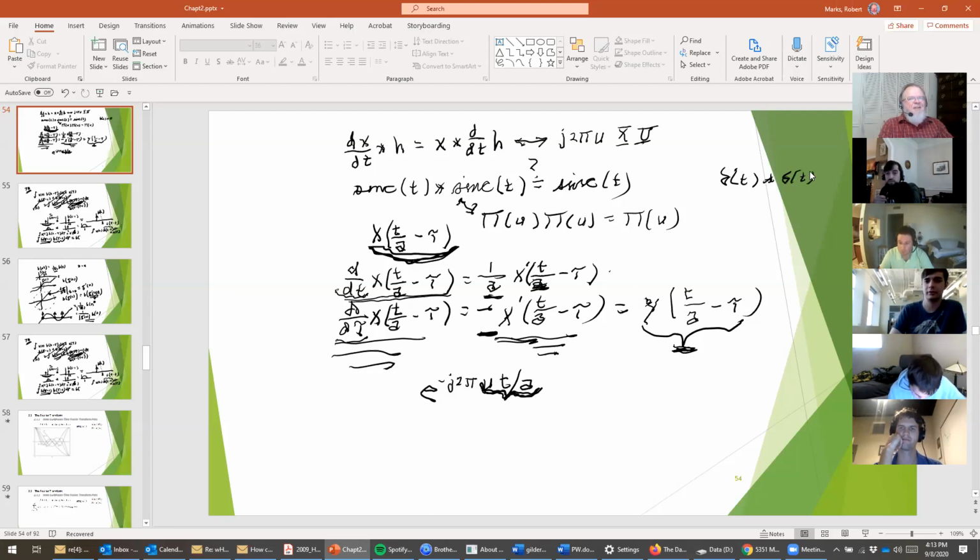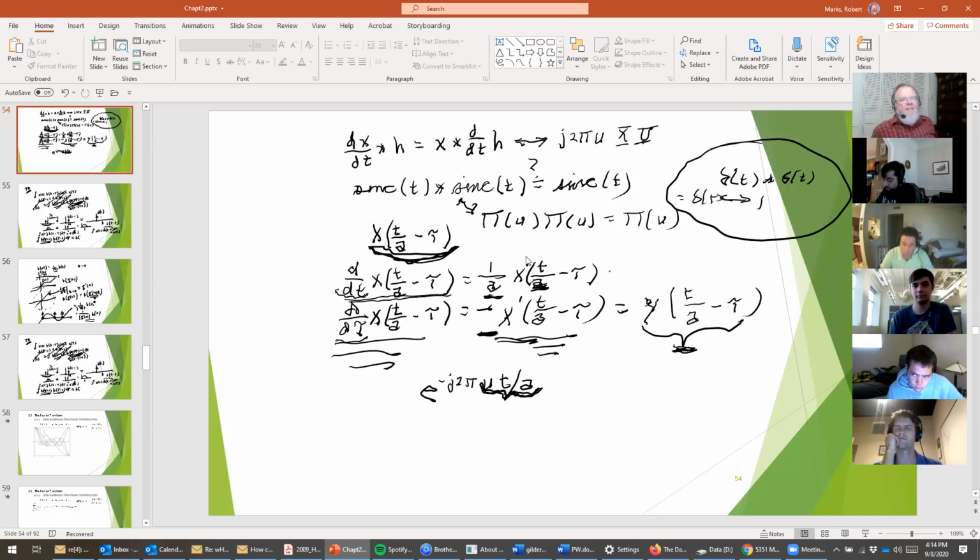Yeah, delta function. The delta function convolved with itself has a Fourier transform of 1. And that, of course, is equal to a delta function. So that's a cute little relationship.